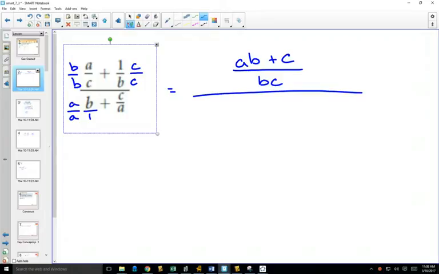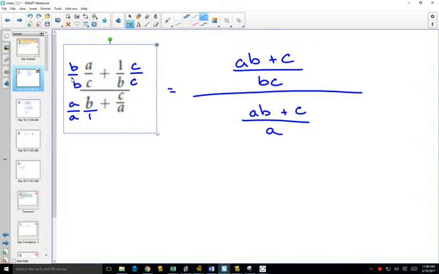That's my fraction on top. On the bottom, I'm going to have a common denominator of a, and I'm going to have ab plus c all over a. So I've succeeded in getting one fraction on top and one fraction on the bottom.